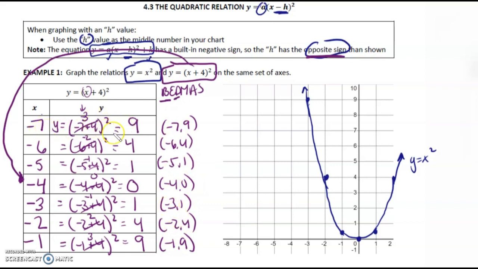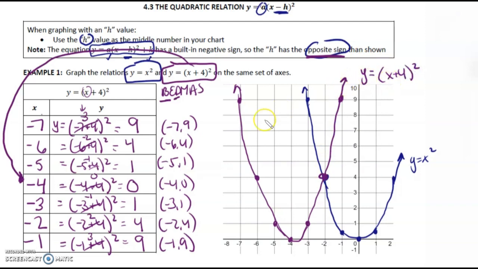You can just reference them straight in the chart, and that's okay. Then we just connect this with a curve. And this is going to be our function, y equals (x plus 4) squared.